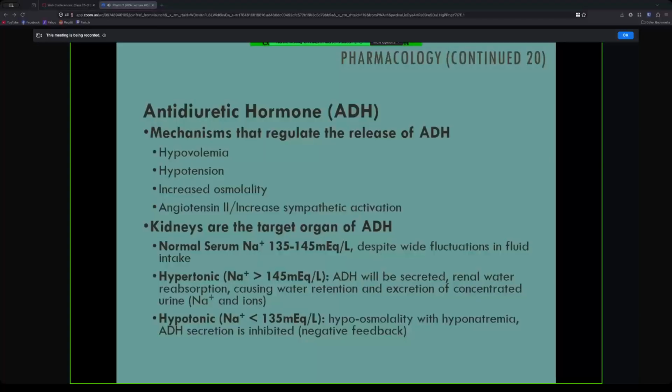Contrast that with the syndrome of inappropriate antidiuretic hormone: in that case, it's too much ADH, so we can't dilute the urine, and we're going to have hyponatremia. We're going to talk about each condition and then which agent we're going to use for the ADH correction, based on whether we have too much or too little happening with reference to ADH.